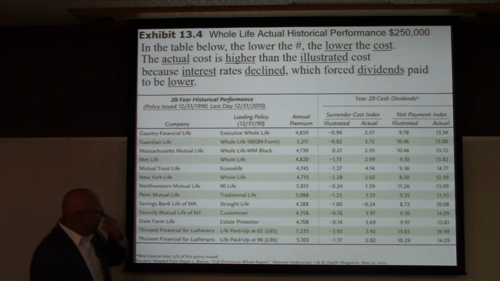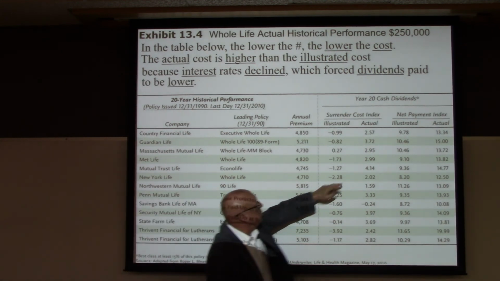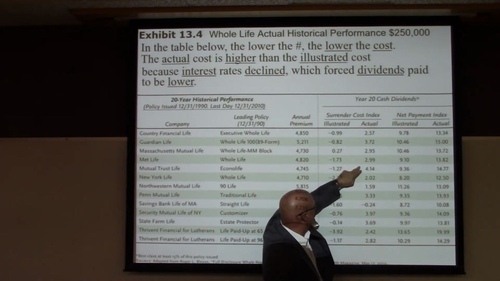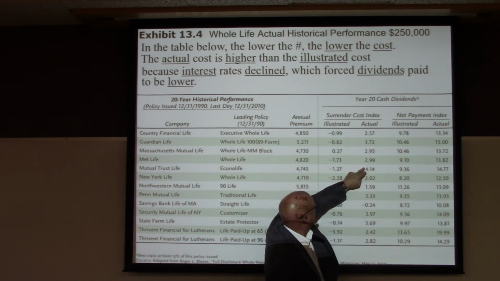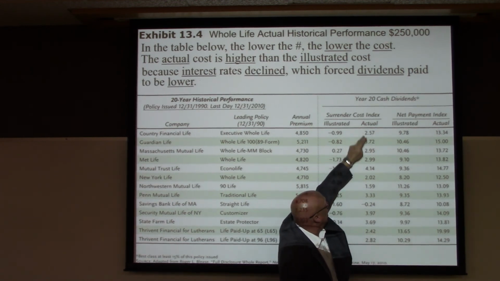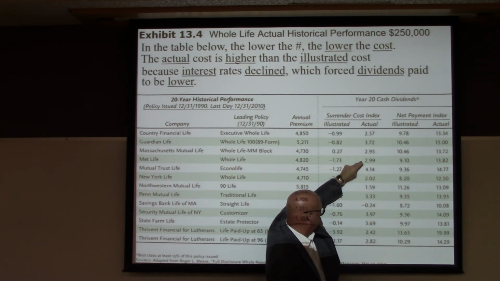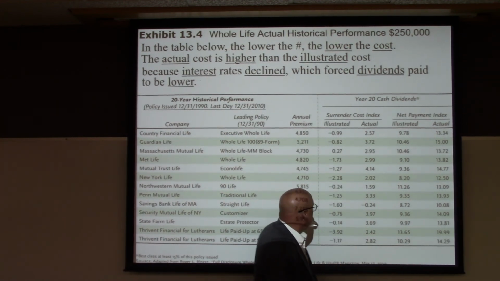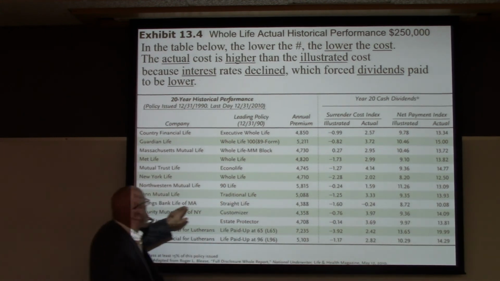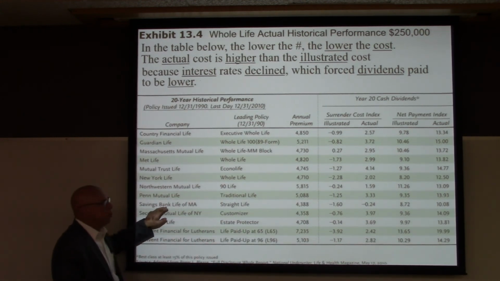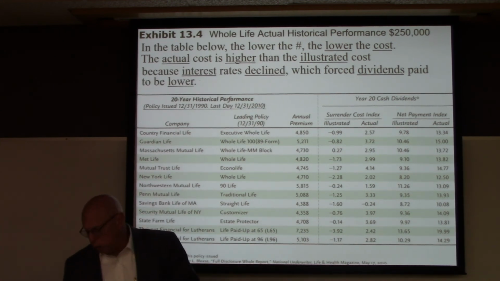And when you look through, you can see you're probably going to stay away from these $4 type costs, and you're going to be looking more at these $2.50 to $3 type costs. All right. So you'd have to do some research into Savings Bank Life of Massachusetts, because boy, it sure looks good. Got to make sure that this is a sound company before we make our choice.